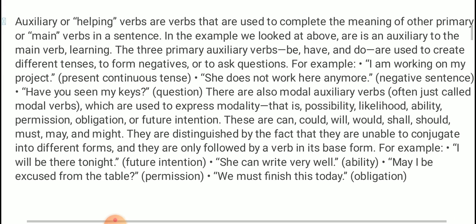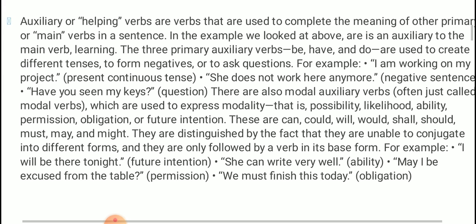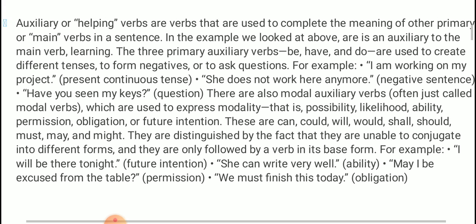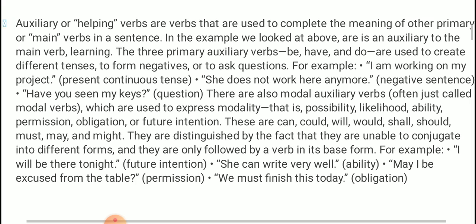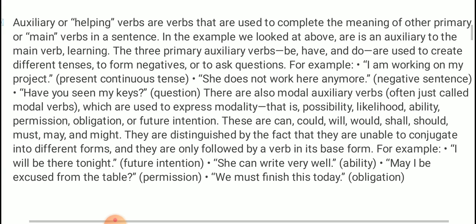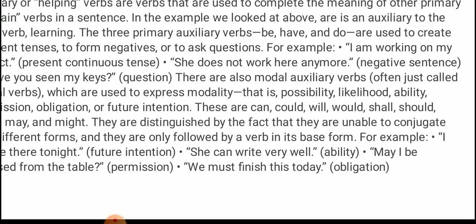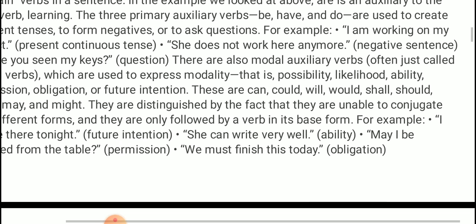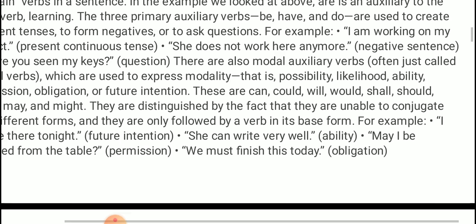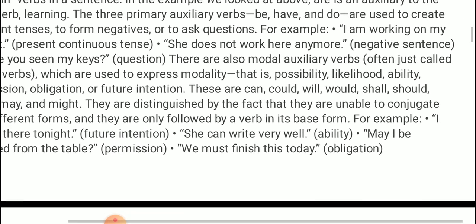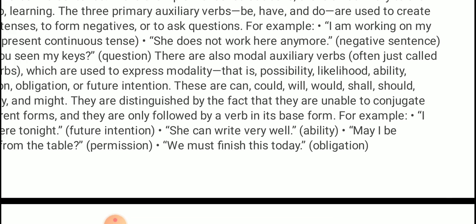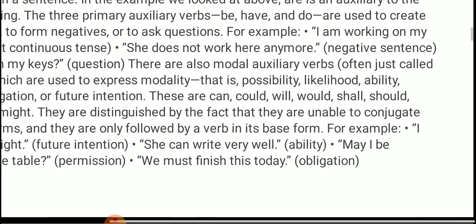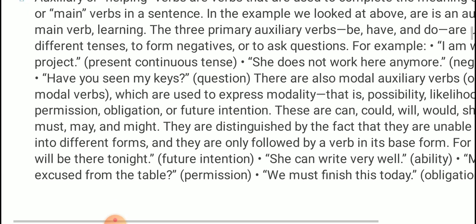For example, if we say I am learning, so learning is a main verb and am is used with it in order to make it more complete, in order to make the sense totally acceptable. The three primary auxiliary verbs are be, have and do, and are used to create different tenses.